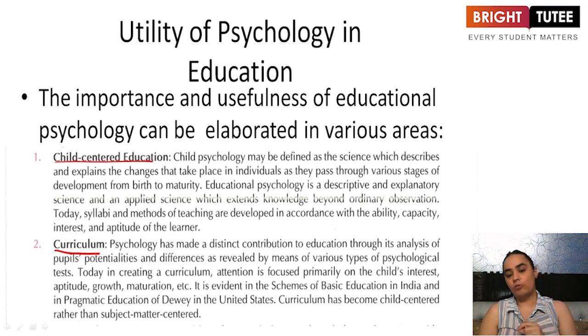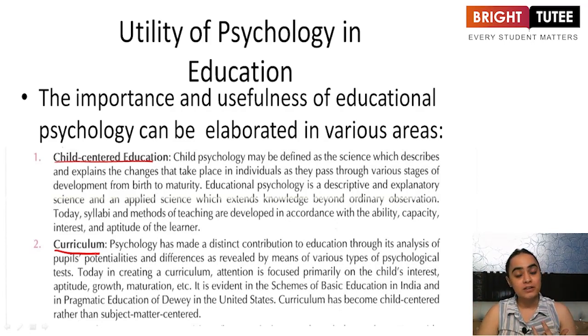And therefore, educational psychology initiated the idea that everything planned in the curriculum, both the academic syllabus and the co-curricular activities, should be planned in such a manner that every child's aspects can be taken care of.